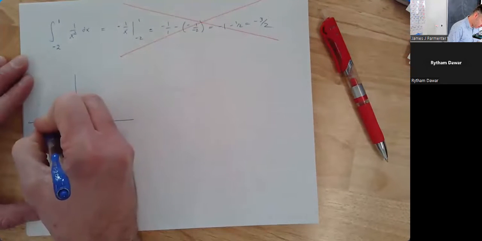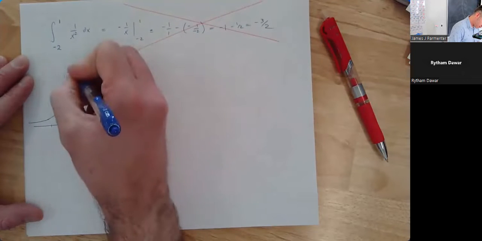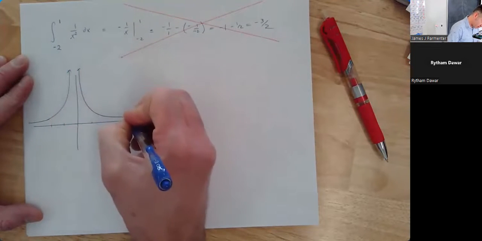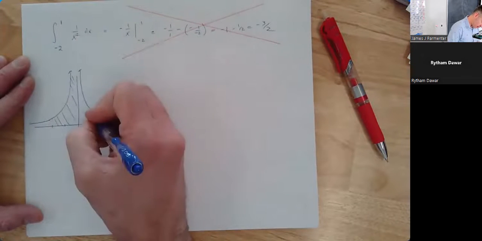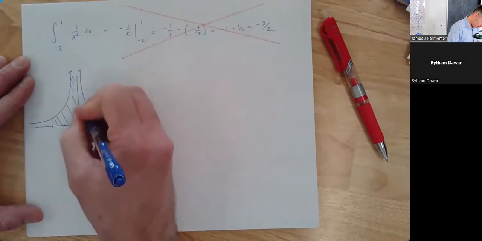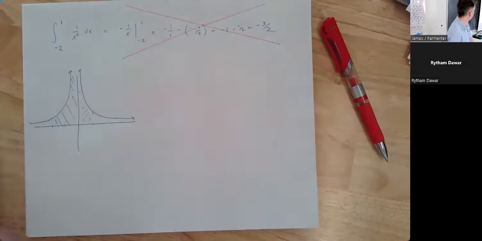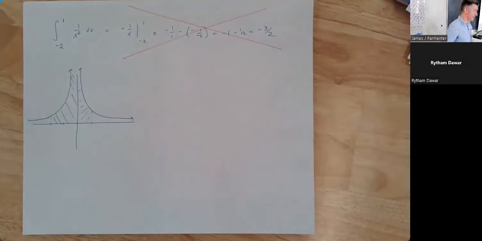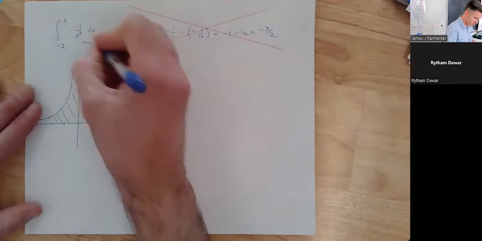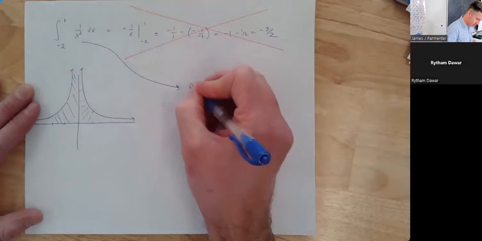I've got a vertical asymptote at 0. I'm looking at all this area and all this area. But I have to break this up at the problem, and the problem is 0. So we have to rewrite this.